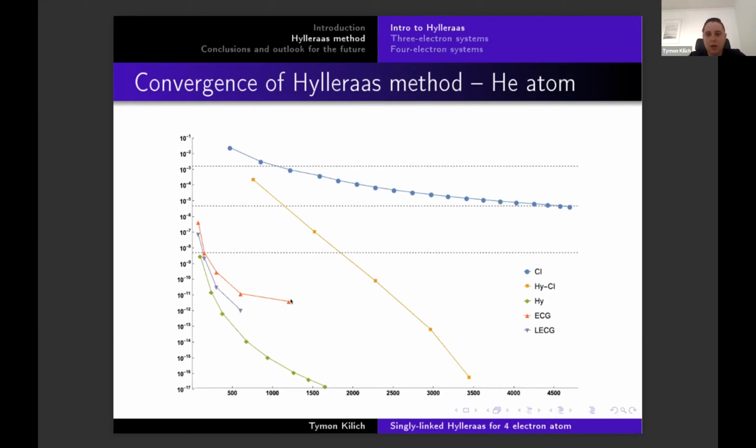Here, the red ones are explicitly correlated Gaussians, and here are explicitly correlated Gaussians with a linear cusp factor. And here at the bottom, we have the Hylleraas method. As you can see, the convergence is very fast. Of course, there are more precise methods, but they are very difficult to extend to larger systems, so they're of no interest, at least to me.